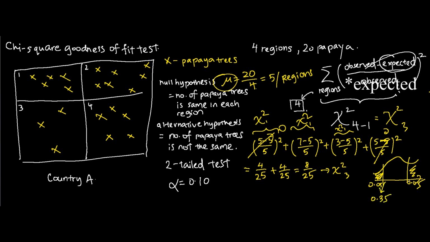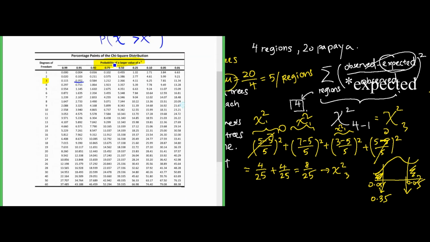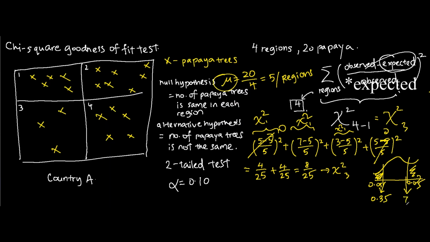And this value itself, if you were to look at 0.05, because we are doing two sides, is 7.81. So here is actually 7.81. Okay, so this value itself is actually 0.32.